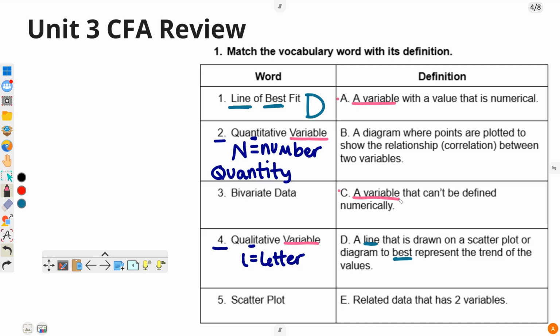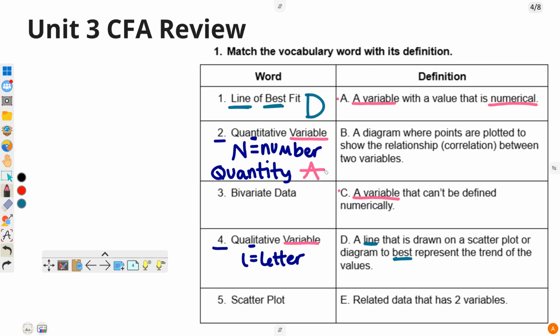So A says a variable with a value that is numerical, so that tells me it's going to be a number. Well, we just said quantitative has that N, which is a number. So for quantitative, that is a variable with a value that is numerical. So I'm just going to skip down here to 4, keep going there.